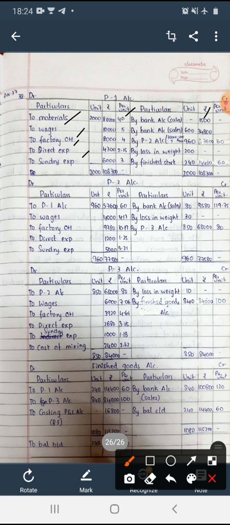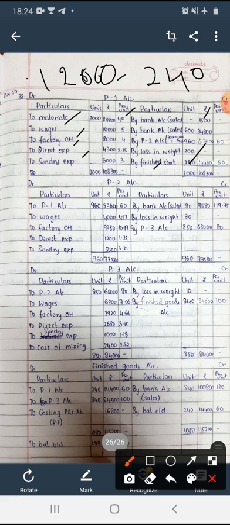Next, now you have to find out the finished stock that is given. First you write the finished stock. How much finished stock amount? 240 units of output of process P1 was transferred to the finished stock. Now total output is how much? See the problem, 1200. In that, 1200 minus 240 transferred to the finished stock.